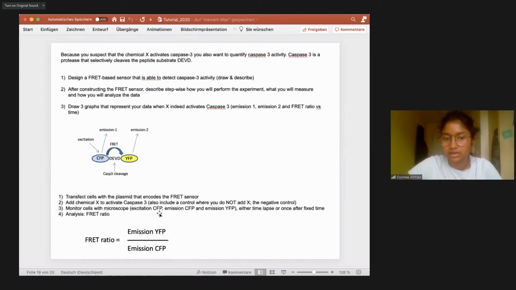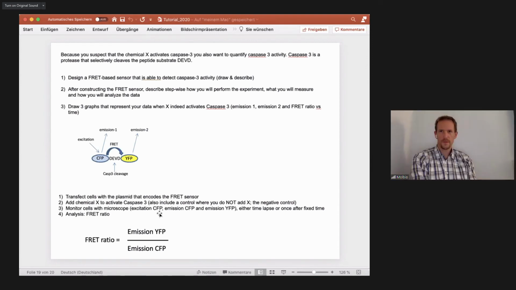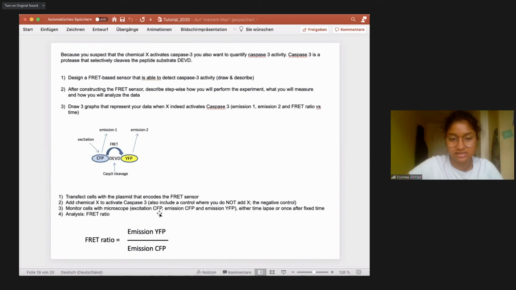Less, sorry, it would be less. Then you would have an inhibitor of caspase, because if caspase is activated, it will cut, right? So did you say more or less? I said less.